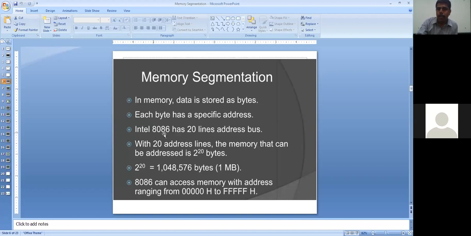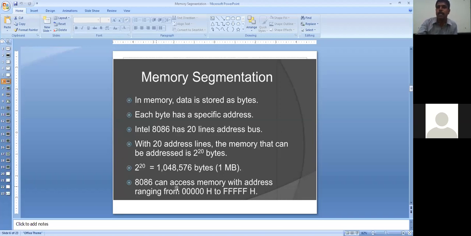Intel 8086 has an address bus which is 20 bits wide, which means we can address up to a maximum of 2 power 20 locations. Each location is 8 bits, so 2 power 20 amounts to 1 megabyte of memory. 8086 can address any point in that 1 megabyte, and each location can store 1 byte of data.